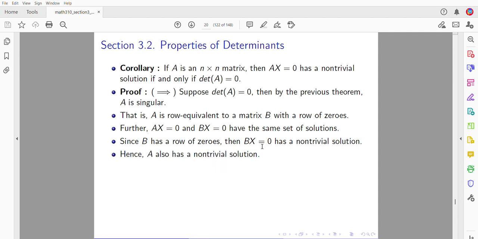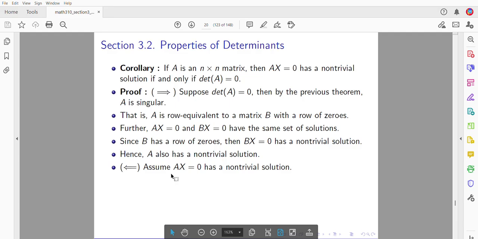That is, A has a non-trivial solution. There will be something which is non-zero. So that's one-way proof: determinant A equals 0 implies you have a non-trivial solution. Mind you, this holds for an n by n matrix, for a square matrix.